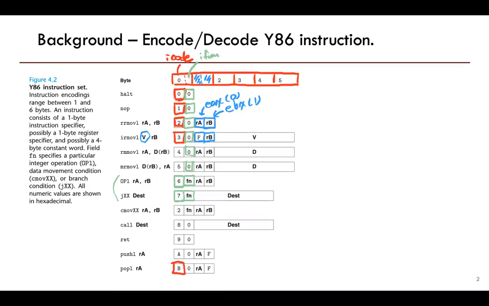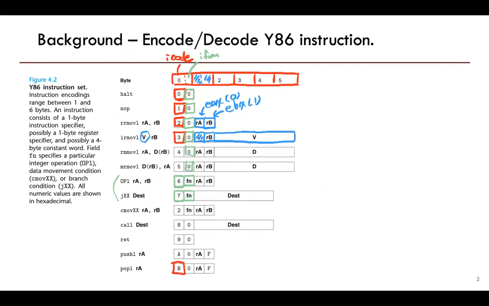The immediate value is 4 bytes long. To make the implementation simple, we don't want to make this format very different from the other instruction formats. So we just leave the first box blank and then put the immediate value in the last part here.